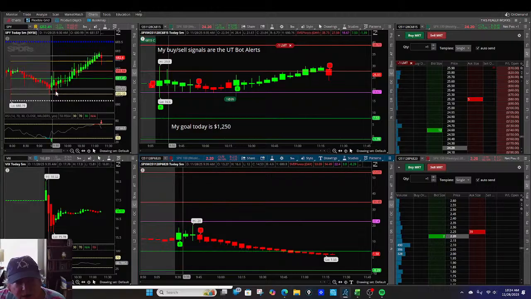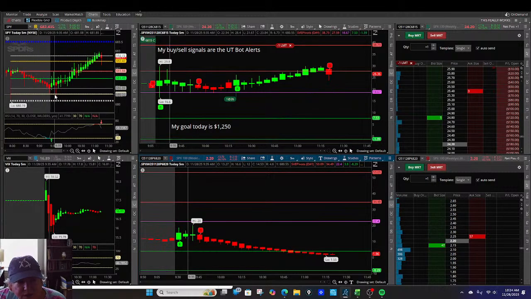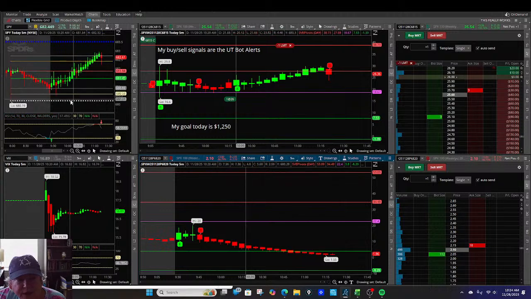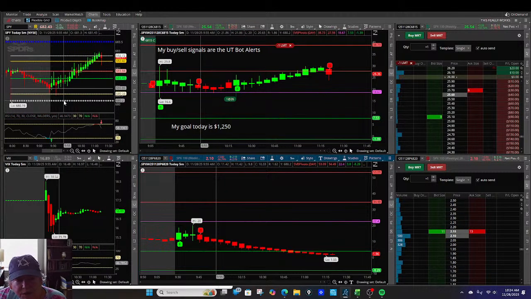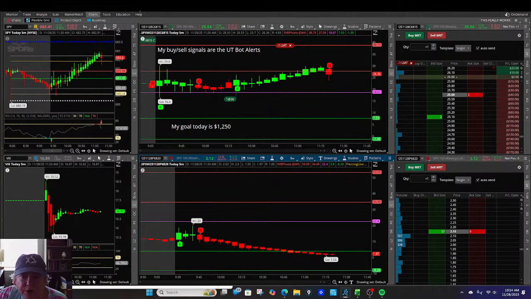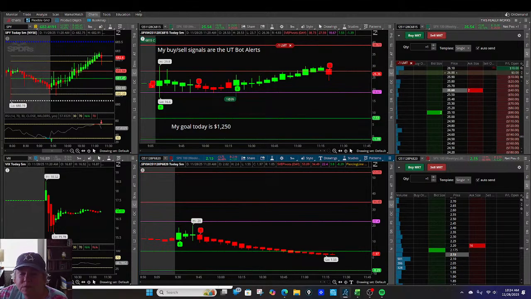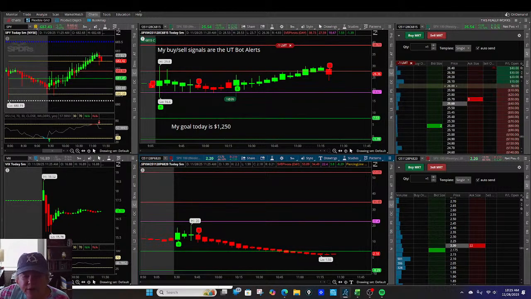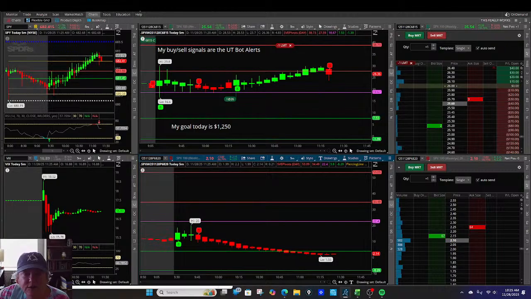As we look at SPY, we see there's 1, 2, 3, 4 red candles so far today, but the continuing trend is upward. We have another red candle on SPY that just formed.